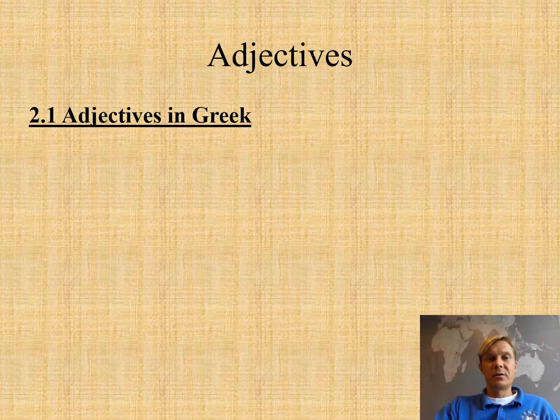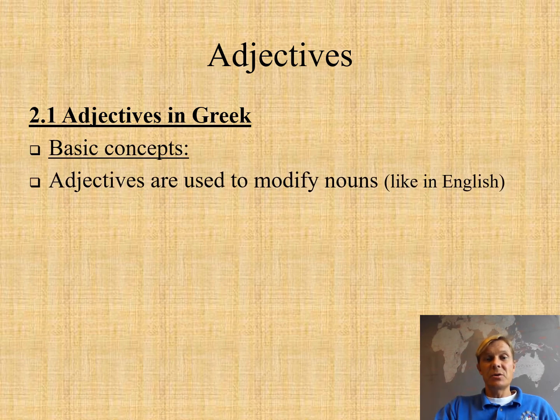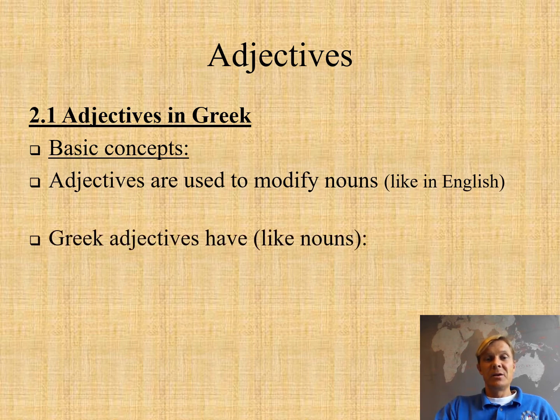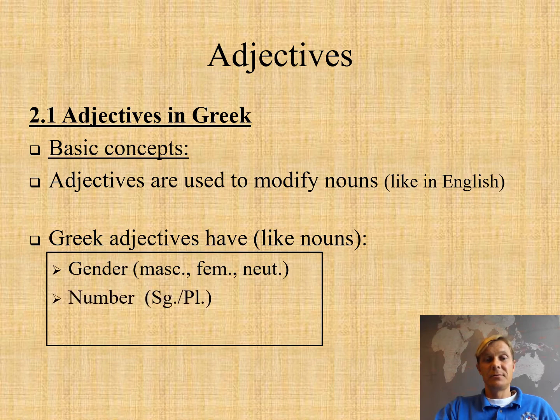So let's take a look at the adjectives in Greek. As I mentioned before, it is very important that you have learned and memorized the case endings for each one of the nouns, masculine, feminine, and neuter. So, basic concepts: adjectives are used to modify nouns, just like in English. Greek adjectives have, like nouns, gender, number, and case.